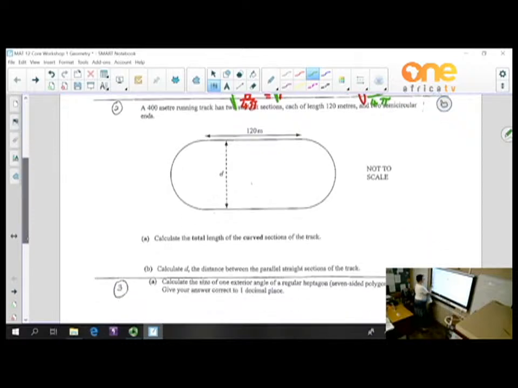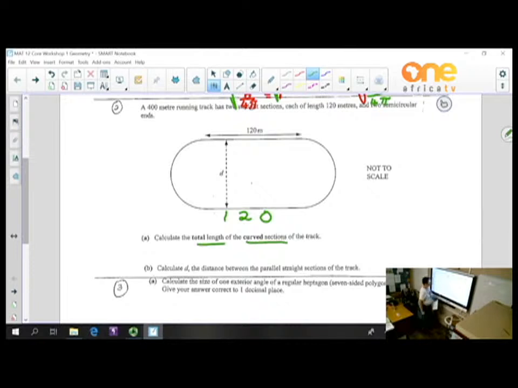Right, question 2. There's a running track, each straight of length 120, and then 2 circular ends. Now, the first one is calculate the total length of the curved sections of the track. It is a 400-meter track, so then it's 400 minus twice 120.